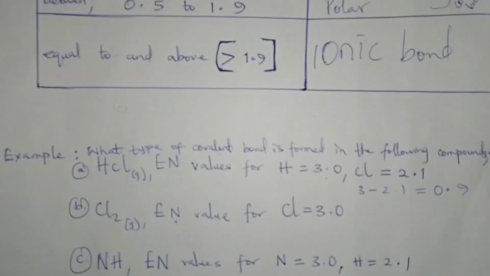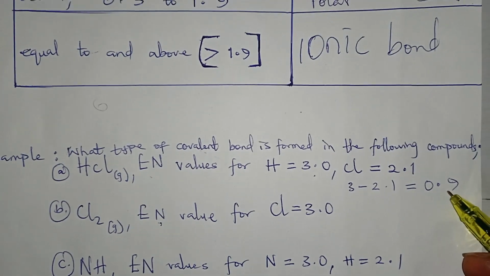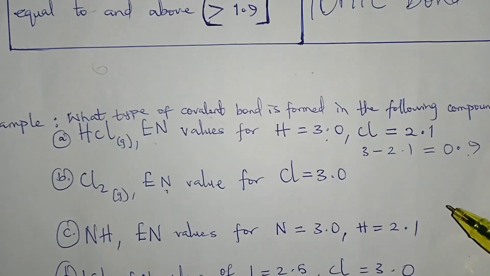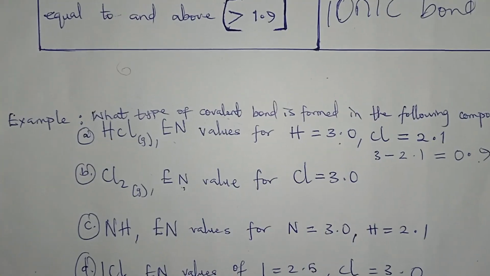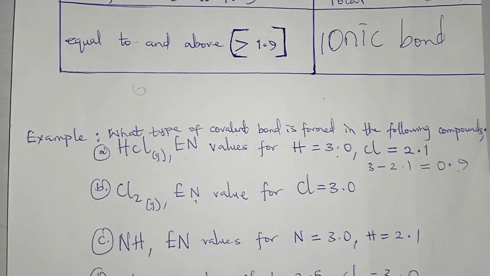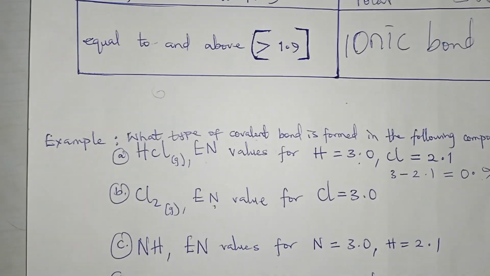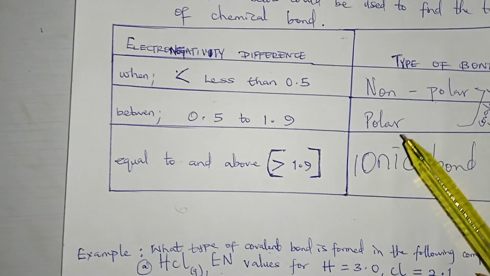So when the value is 0.9, is it less than 0.5? Check. So 3 minus 2.1 will give us 0.9, and is 0.9 greater than 0.5?